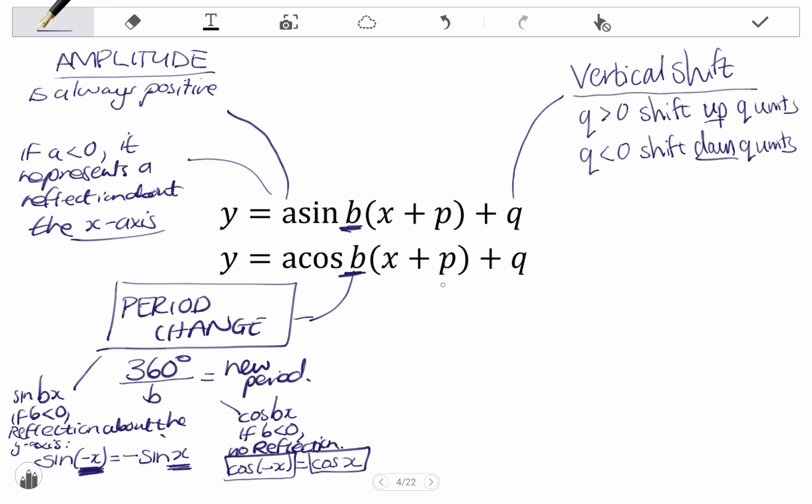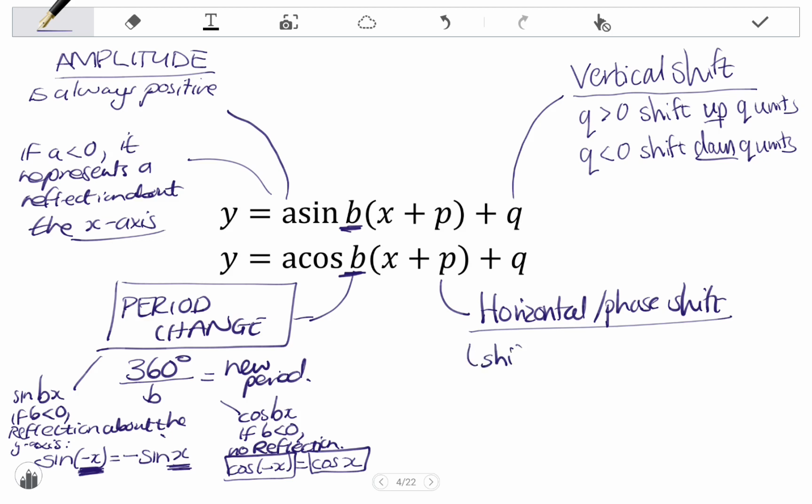Okay, now P represents a horizontal shift, or we also call that a phase shift. And with all the other functions that we have studied, if we want to shift right, shifting right means we subtract from x.